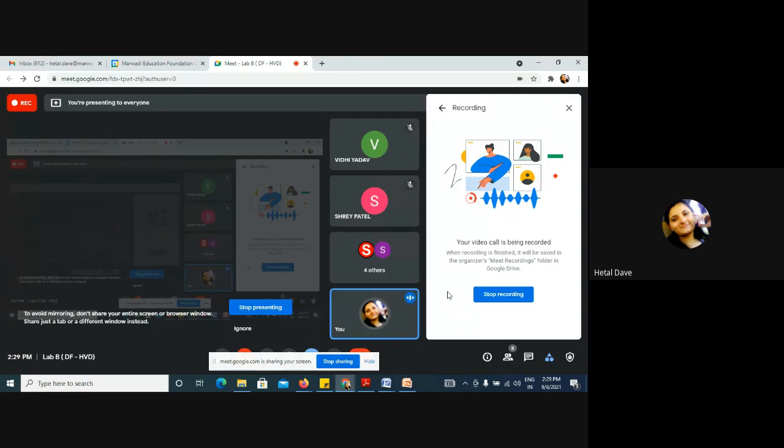Still 4 students are there, they need to divide into 2 groups. Okay, you can do your work. Girls, take the kit here. The kit is already put in this cupboard, from where you need to take it out.